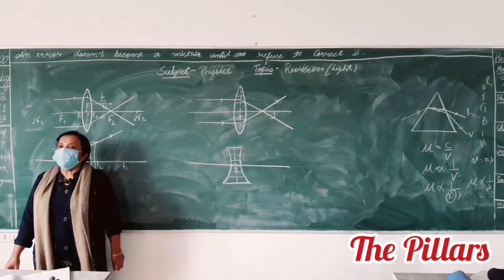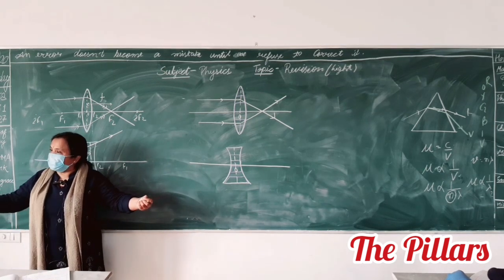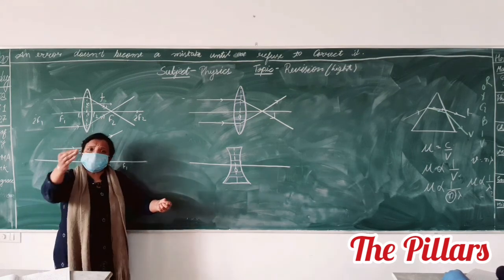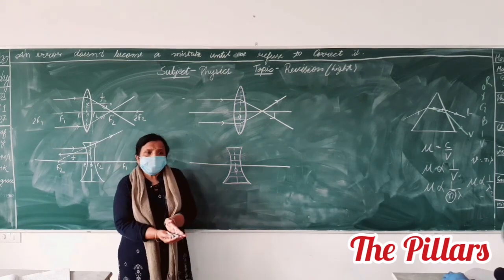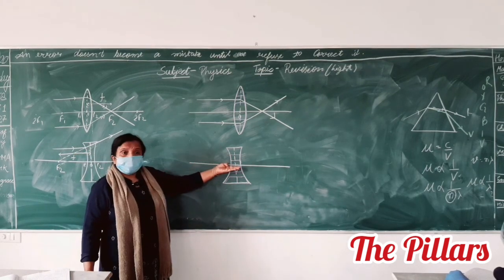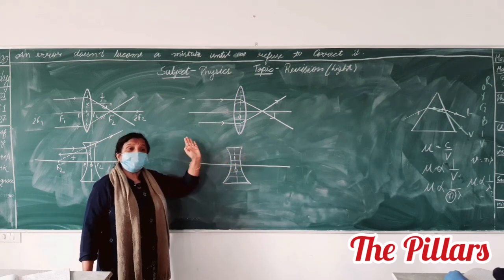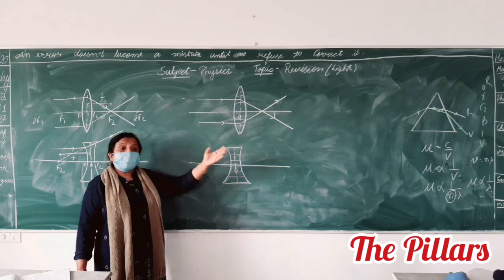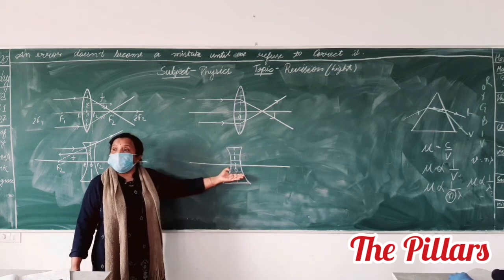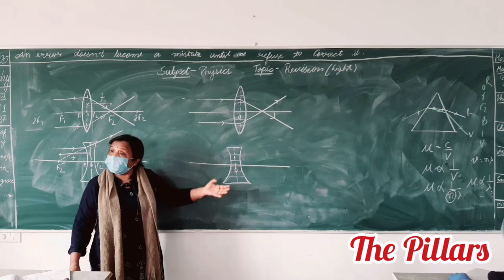Very good. Just the opposite of that. What will be the opposite? Sit down. All the prisms above the principal axis have their bases in the upward direction, and below the principal axis all the prisms have their bases in the downward direction.